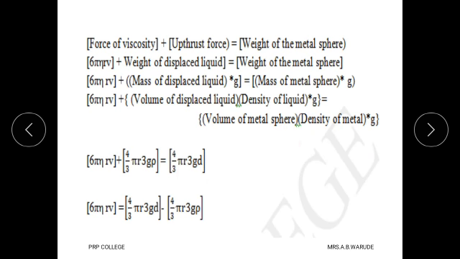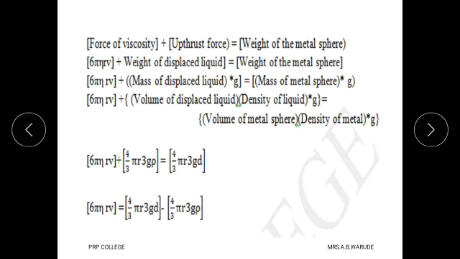Then this 4 by 3 pi r cube is common, so this 4 by 3 pi r cube rho into g is taken on the right hand side. Therefore we get the equation 6 pi eta RV is equal to, in bracket, 4 upon 3 pi r cube Dg minus 4 upon 3 pi r cube rho into g.